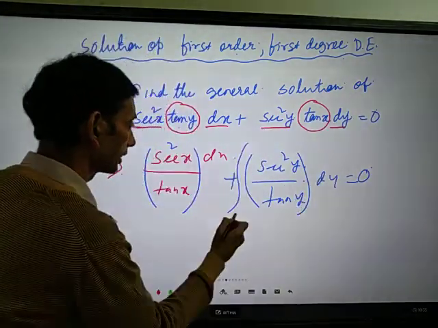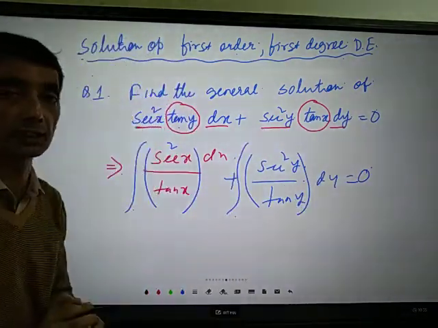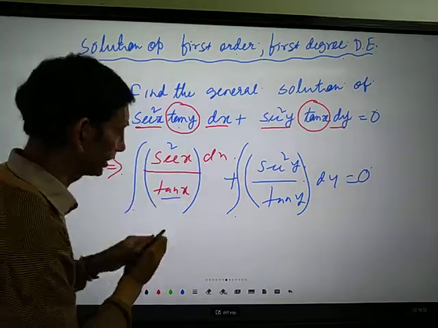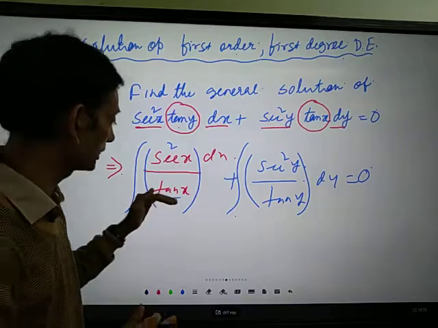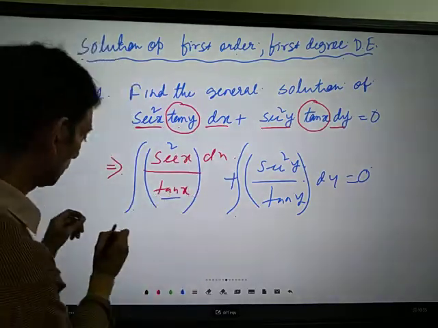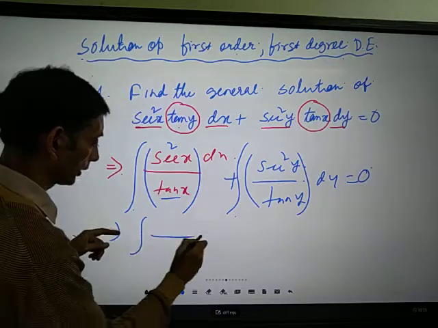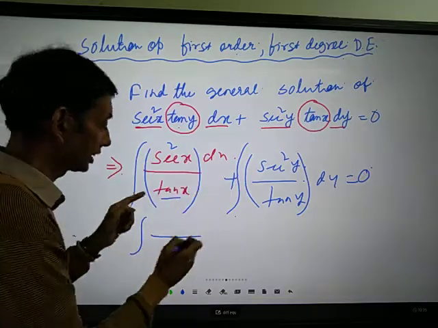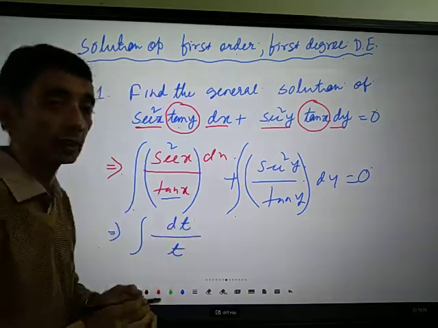So we are going to integrate this. It's a very simple integration. If we assume tan x equal to t, the differentiation of tan x is sec square x, so sec square x dx will be dt. So you can just write dt by t.